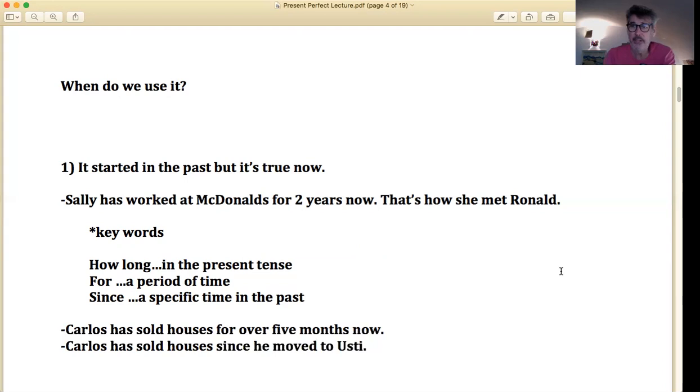So I like to use keywords when we're talking about verb tenses, and for present perfect, we have a lot of keywords. And in this context of something that has started in the past and is still true, which is the basic idea of present perfect, and not only present perfect, but perfect tenses in general.